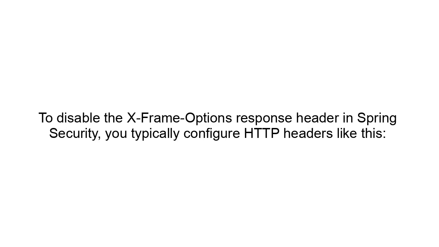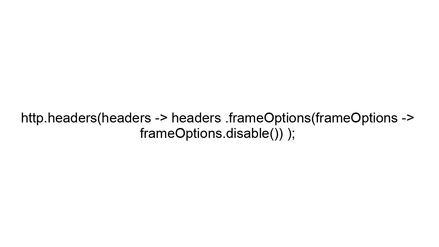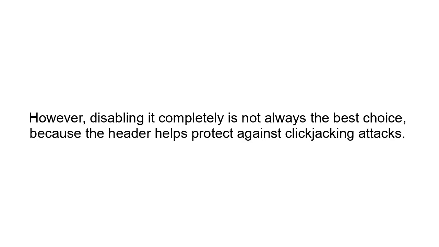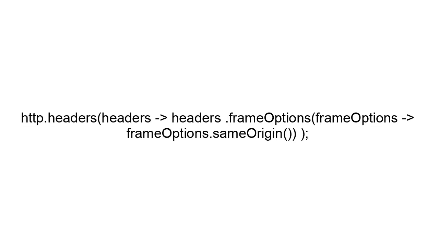Final summary. To disable the X-Frame-Options response header in Spring Security, you typically configure HTTP headers like this: http.headers().frameOptions().disable(). This removes the frame protection header from the response. However, disabling it completely is not always the best choice, because the header helps protect against clickjacking attacks. In many cases, a better option is http.headers().frameOptions().sameOrigin().